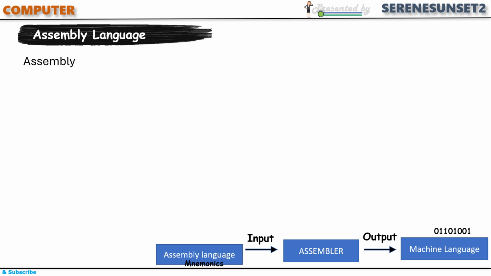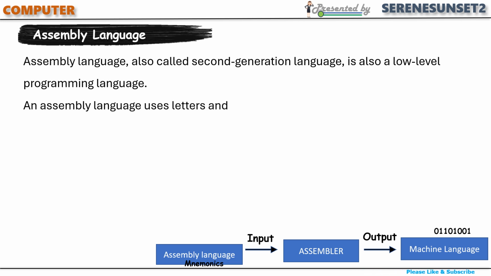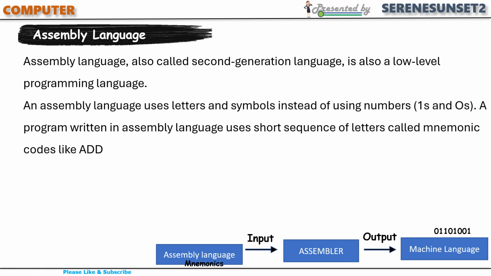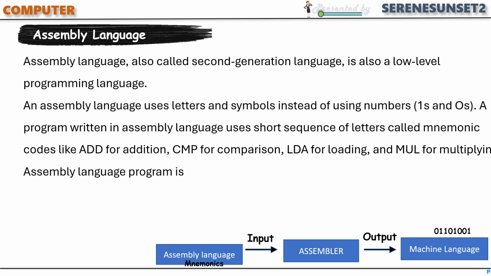Assembly language. Assembly language, also called second generation language, is also a low-level programming language. An assembly language uses letters and symbols instead of numbers, ones and zeros. A program written in assembly language uses short sequences of letters called mnemonic codes like ADD for addition, CMP for comparison, LDA for loading, and MUL for multiplying.